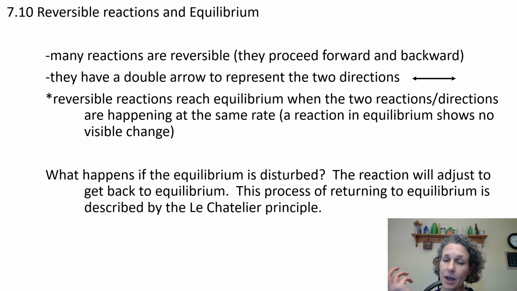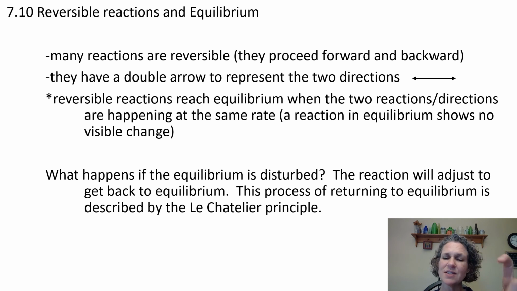So now, equilibrium can be disturbed. And so if I change concentrations, if I heat it up, if I add a catalyst, well, actually a catalyst won't affect it, but if I change the pressure, if we're talking about gases, I can disrupt equilibrium and the reaction will adjust itself to get back to that equilibrium.